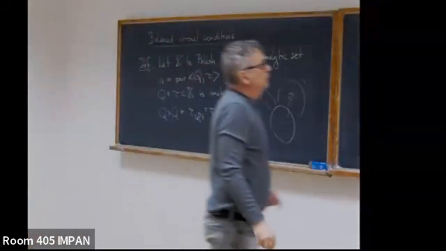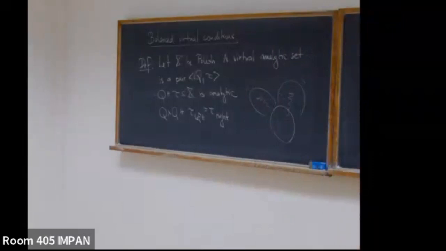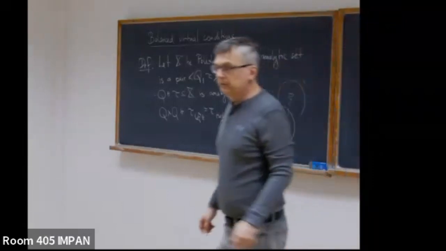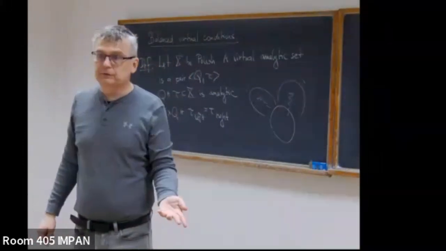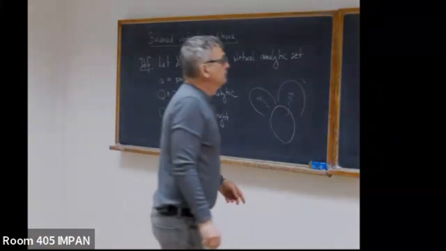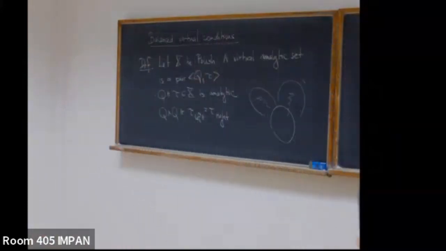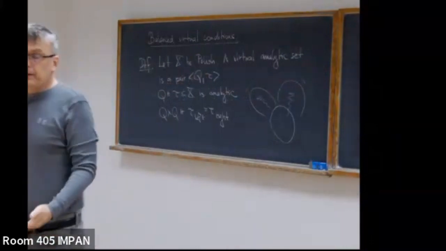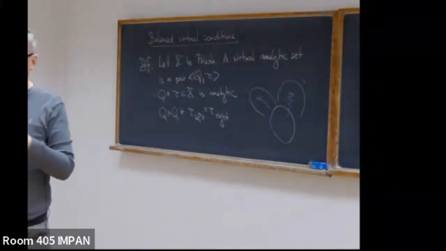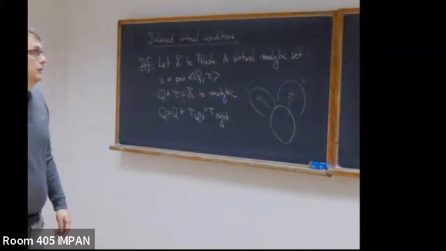In the extension, the ground model version of X becomes countable. You can consider the set of all of its enumerations, and this is of course an analytic subset of X to the omega. It's a native analytic subset, and it doesn't depend on the extension in which you evaluate it.